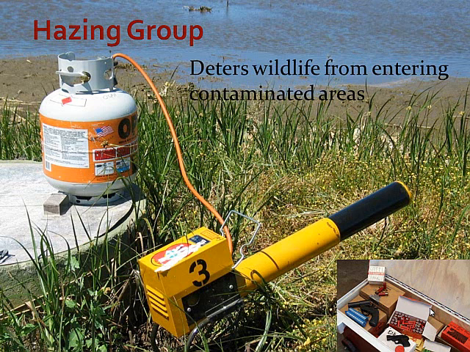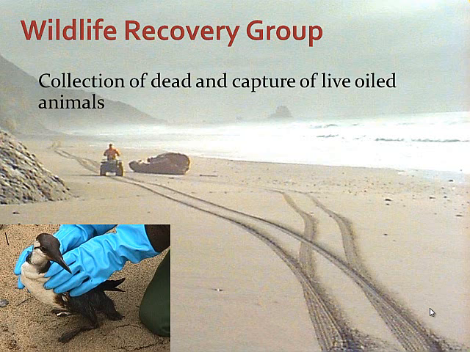You don't want to scare wildlife into the oil. You want to scare it away from the oil, but if you are not careful, it's very easy to scare them into the oil, which is not good. So pyrotechnics are used in these propane cannons, but like I said, hazing is a group that is not always activated. It's just very, very particular circumstances.